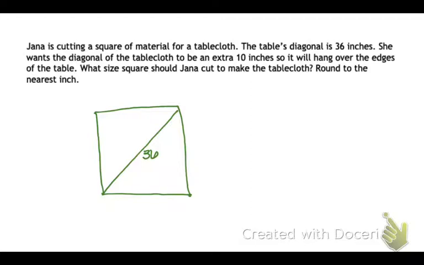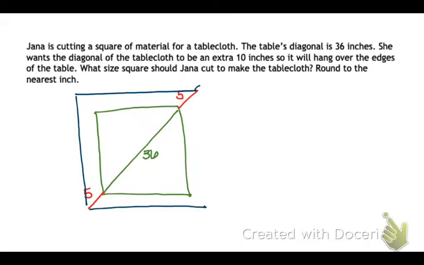So she actually wants to add 5 inches on each side because we want it to stay congruent and still be a square. So 5 and 5. And that's going to give us our new tablecloth dimension so that it actually hangs off the edge of the table. And we need to find these dimensions here, x and x.